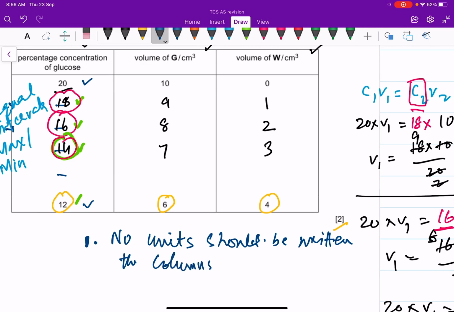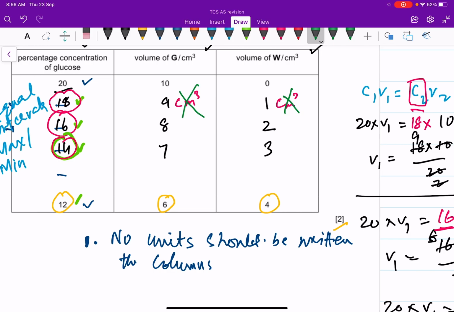Like you should not write cm cube here, or you should not write the units in these columns, like cm cube here or cm cube here. If you write cm cube here, you will lose 1 mark here. So don't write these values here.